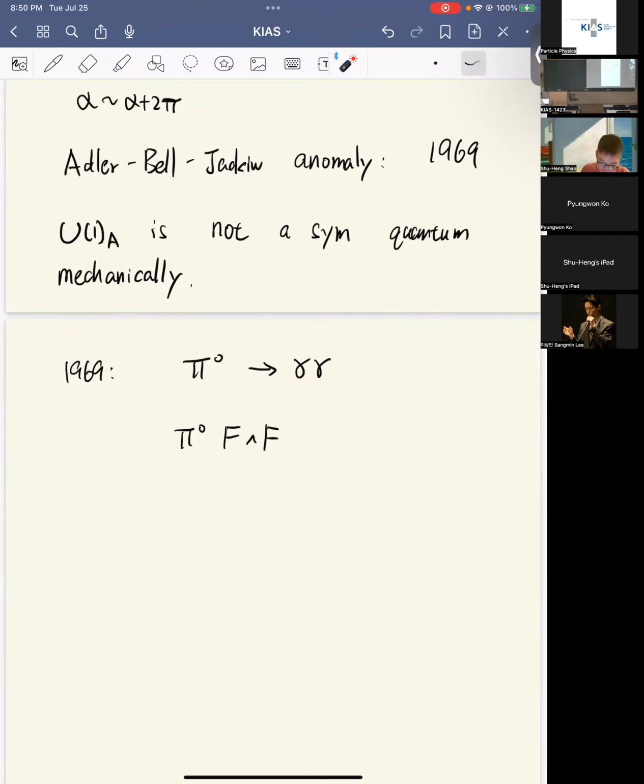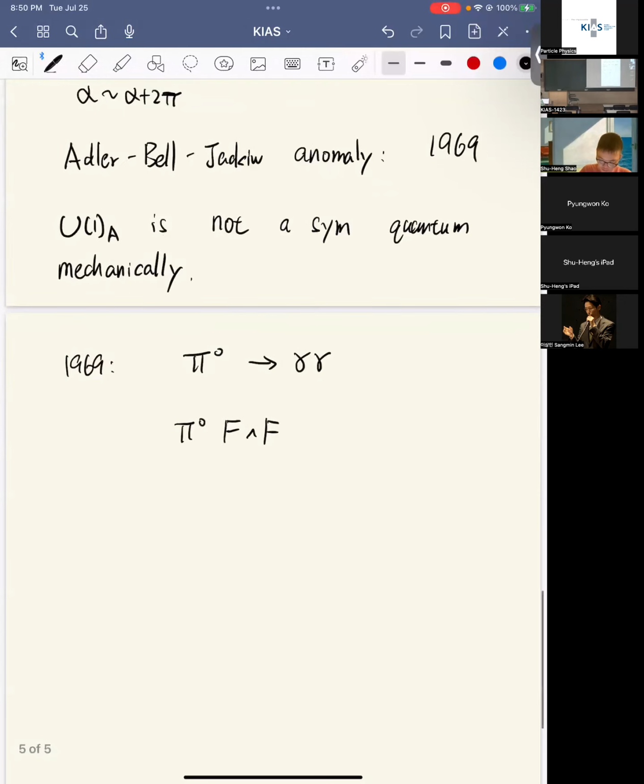And that requires such a term in the chiral Lagrangian. The resolution by ABJ was that the global symmetry associated with the neutral pion is not really a global symmetry quantum mechanically, it's anomalous. And by matching the anomalous global symmetry transformation, they were able to compute the coupling constant in front of pi 0 FF in the chiral Lagrangian and match with the experiment.